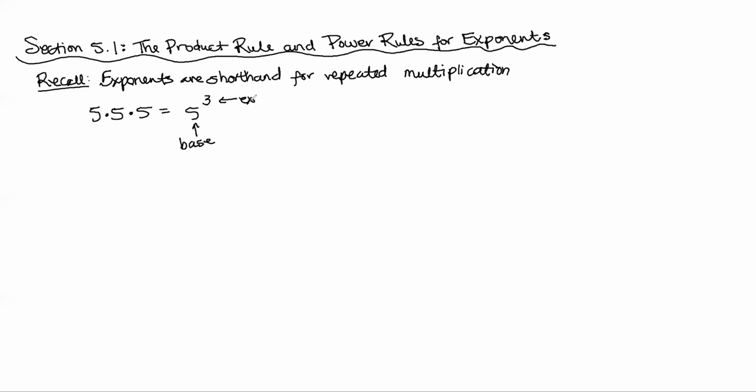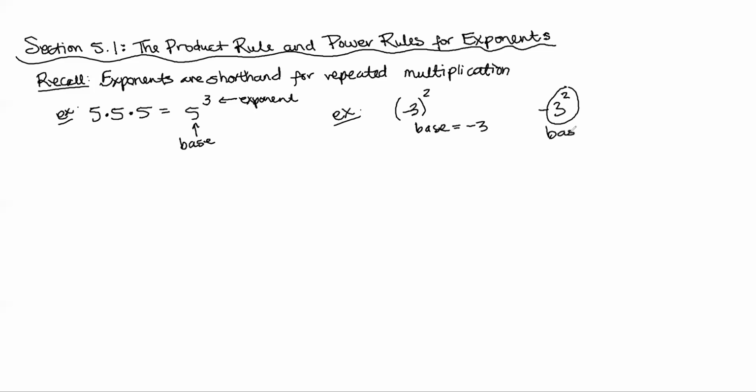This is really important so that we're able to identify whether two terms have the same base, because that's going to help us figure out whether or not we can combine them together. And just remember, if we have something like -3 in parentheses squared, the base in this one is -3, but if we have -3 squared without the parentheses, this means that we're squaring just the 3 and then making that negative.